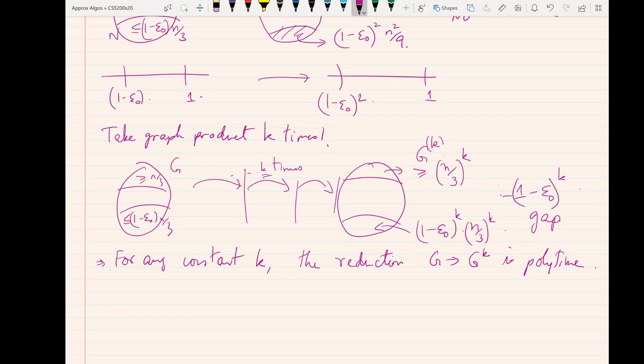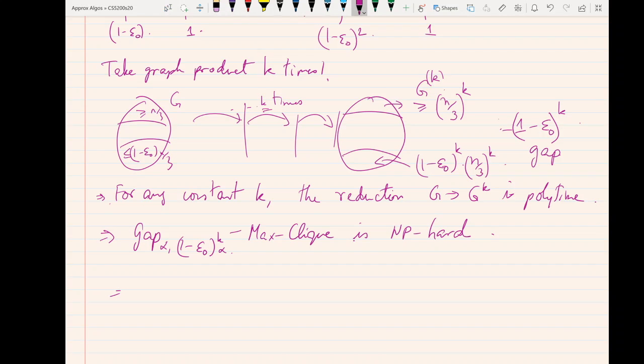And this gives us that the gap between 1 and 1 minus epsilon 0 raised to k of max clique, where again I'm implicitly ignoring the multiplicative factors here, which is something like n over 3 raised to k. It doesn't really matter for our approximation, so maybe I'll just put it as some alpha, is NP hard.